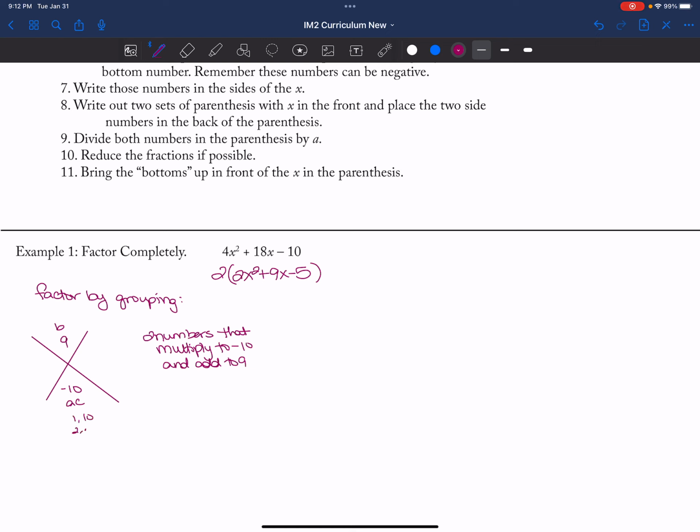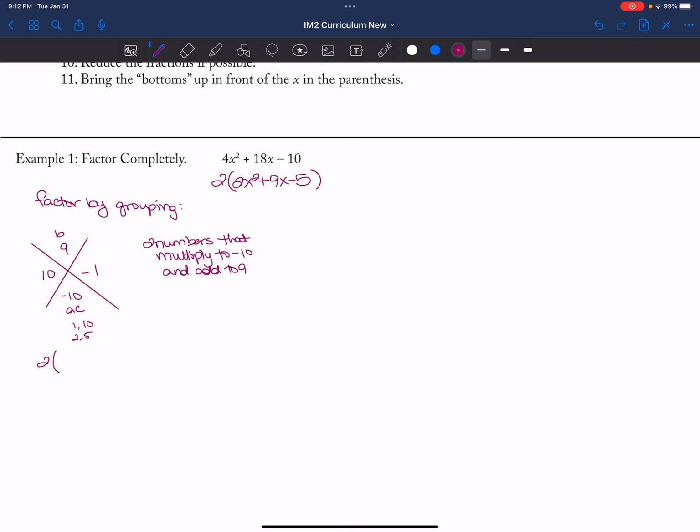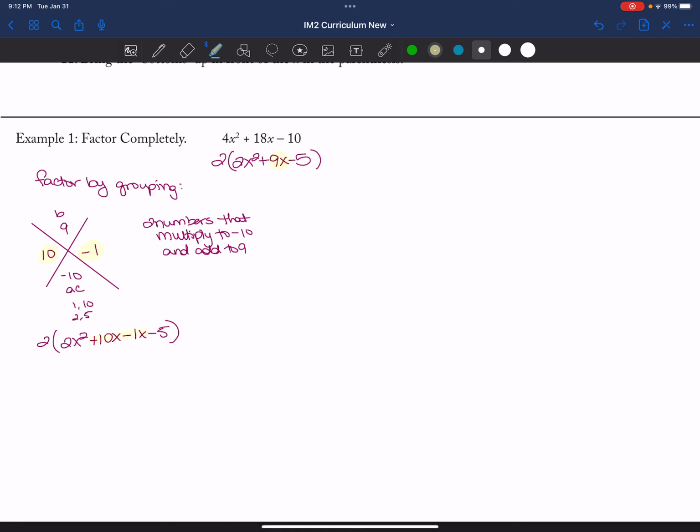If I were to do this by factor by grouping, I would have left my 2 out in front. I would have copied down my 2x squared, but instead of my 9x, I would have put plus 10x minus 1x and then a minus 5. So I would have used my 10 and my negative 1 inside my parentheses in place of that 9x.